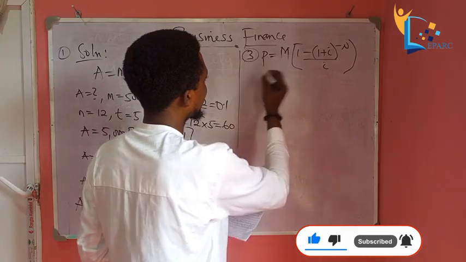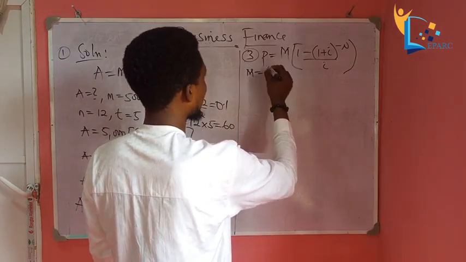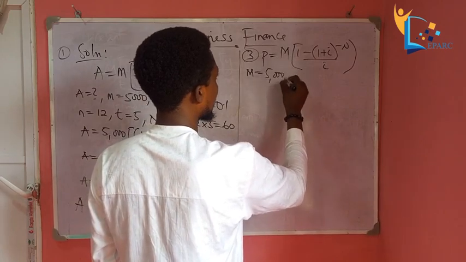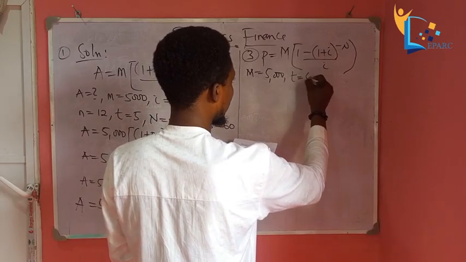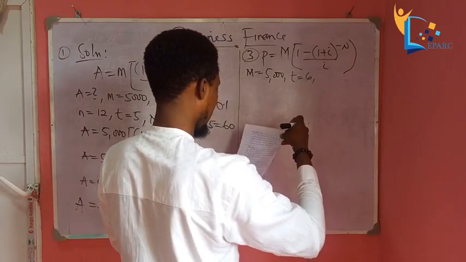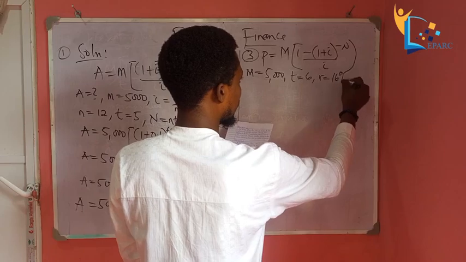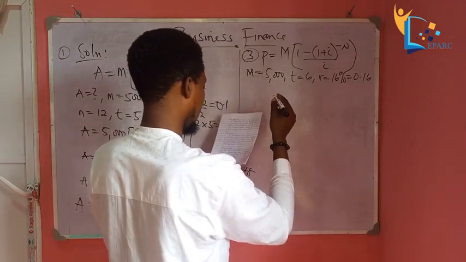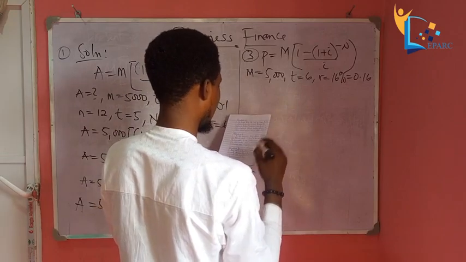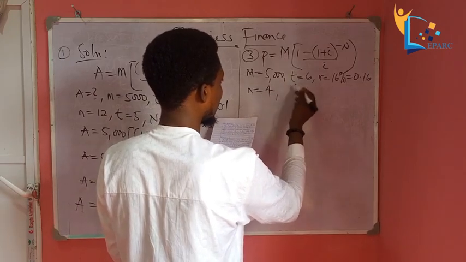Okay, so now let's get our parameters. M is what? 5,000. T is 6 years. R is 16%, which is equal to 0.16. Then small n is 4 times, quarterly is 4 times.